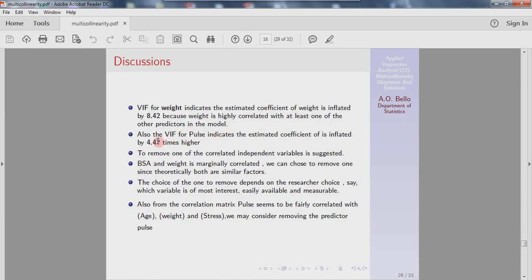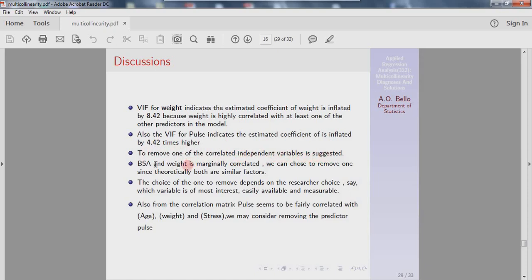So that's showing where we are having problem of multicollinearity. Also, the variance inflation factor for pulse indicates the estimated coefficient of pulse is inflated by 4.42 times higher. So to remove one of the correlated independent variables is suggested.